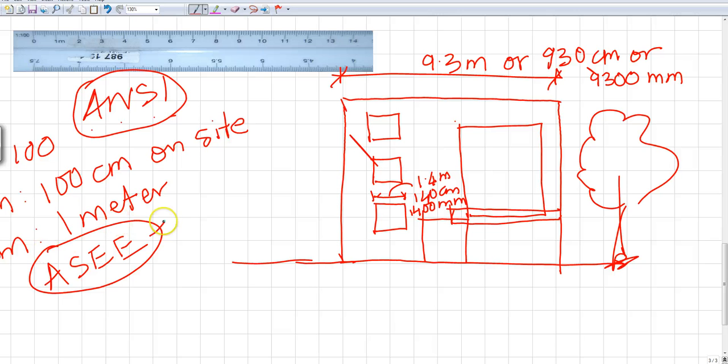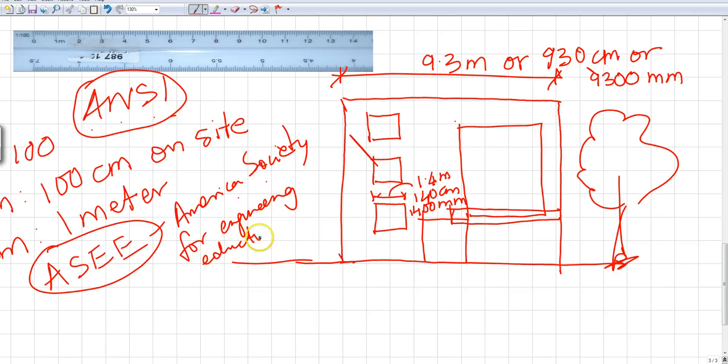Okay, so American Society for Engineering Education. This is ANSI, standing for American National Standard Institute.